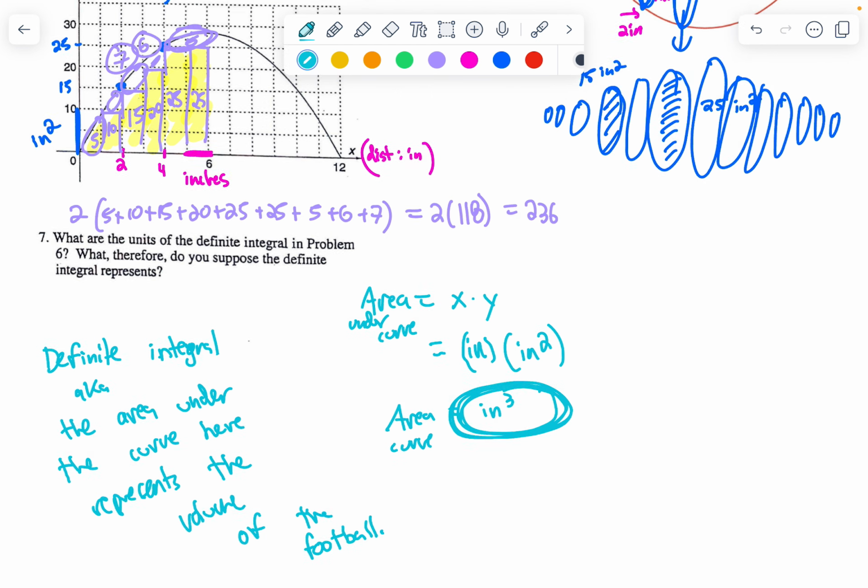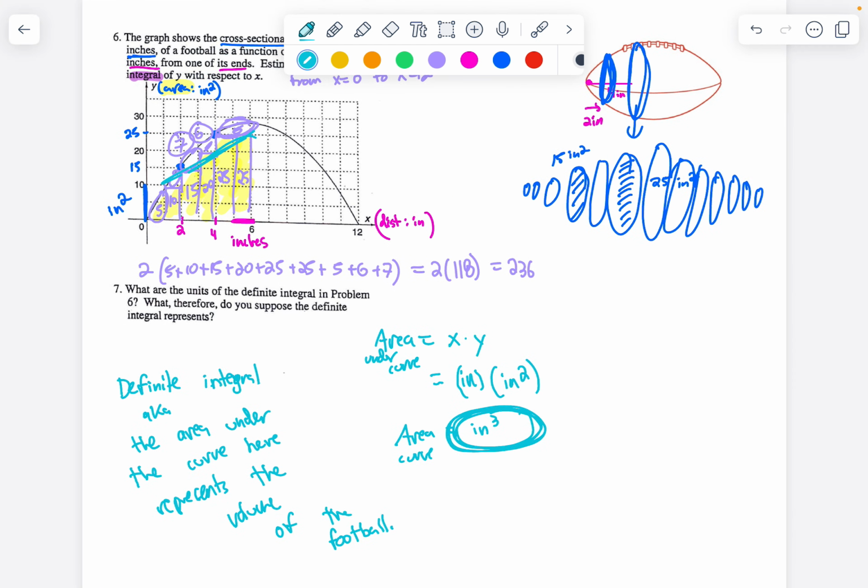And so we took the entire definite integral, so we took all the way under this curve. If we had, say, just taken this would be the area of half the football, or at 6 inches. Or sorry, the volume, my mistake. The volume when we get to 6 inches. If we wanted the volume up to 2 inches, we would just take the area under the curve up to 2 inches. Because paying attention to the units, inches by inches squared, allows us to know we are talking volume.